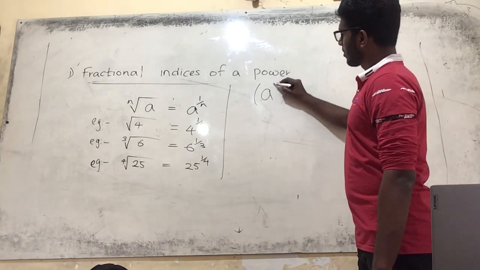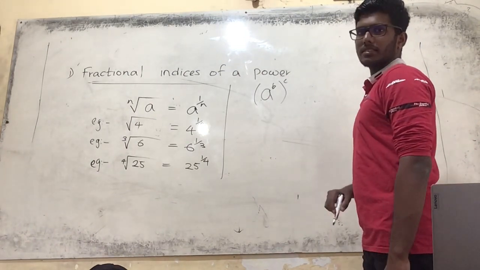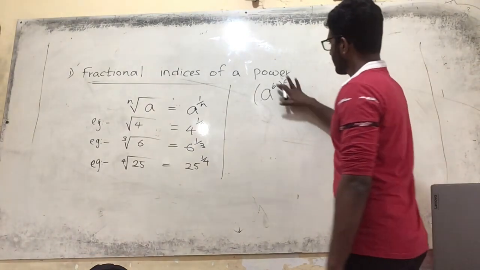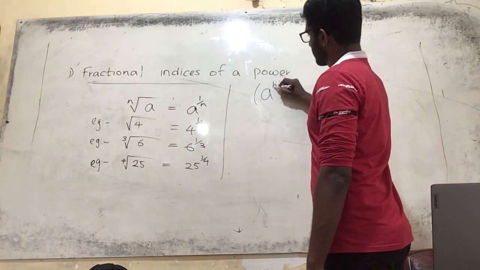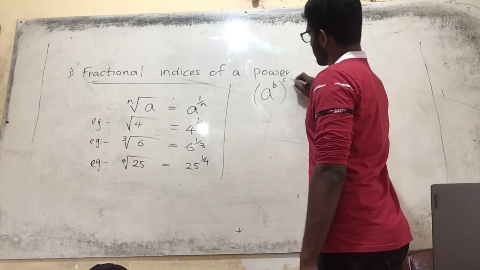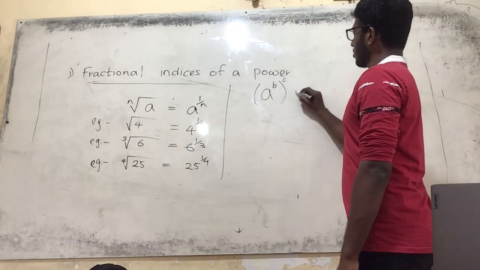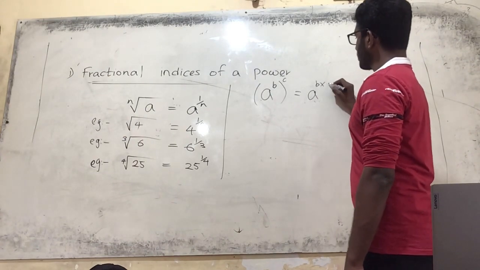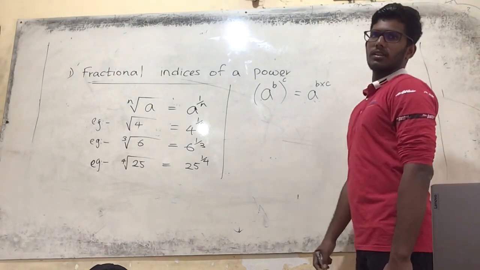When you have something like a to the power b to the power c, you can take it as a to the power b times c.